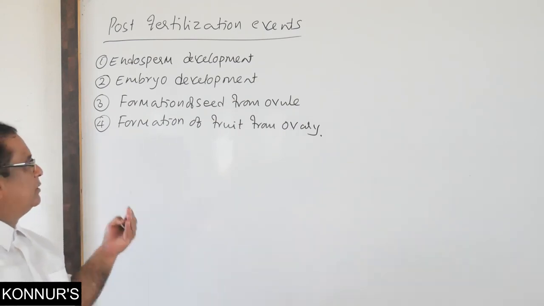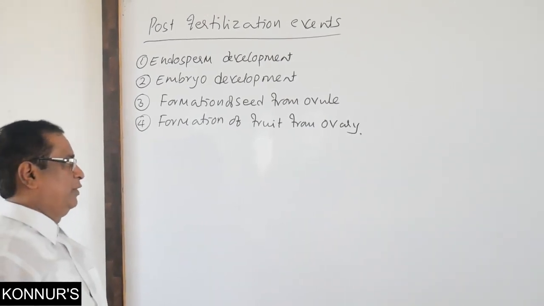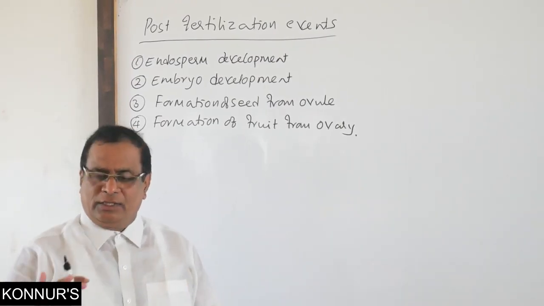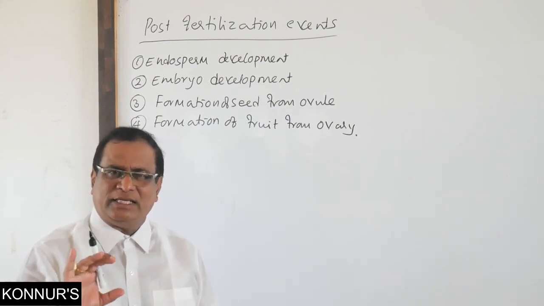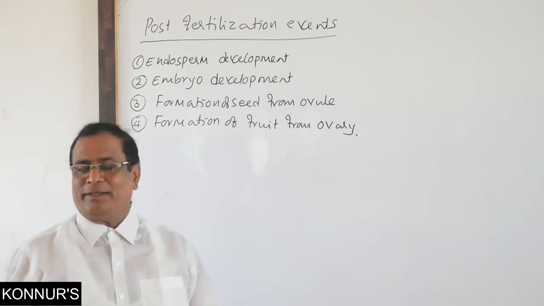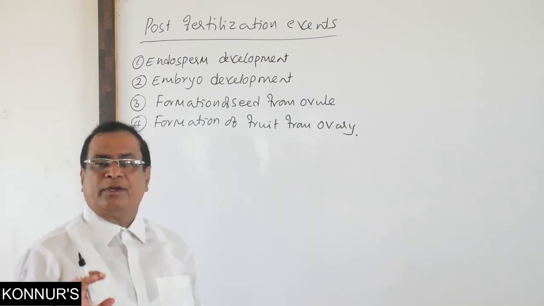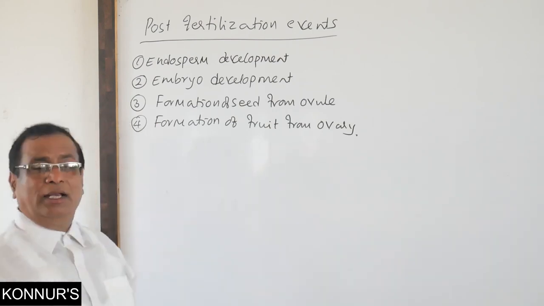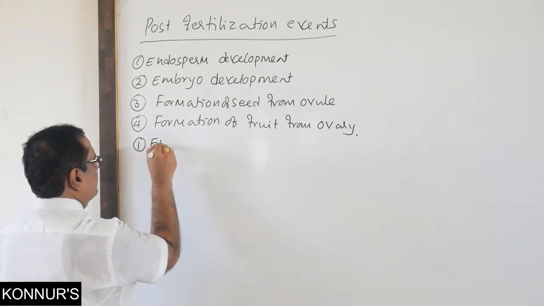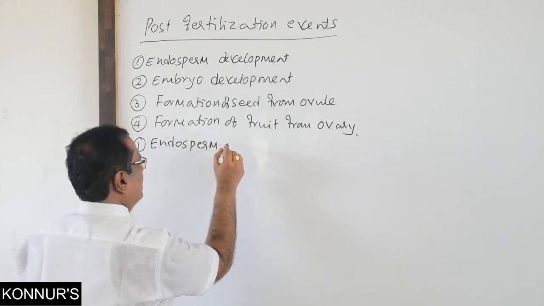Endosperm development, embryo development, and a formation of seed from ovule. After fertilization, the whole ovule becomes a seed, and a formation of fruit from ovary. That is, after fertilization, ovary becomes fruit. First, let us discuss about endosperm development.